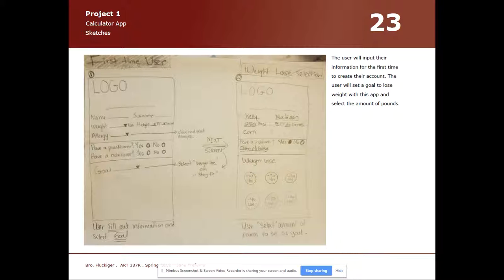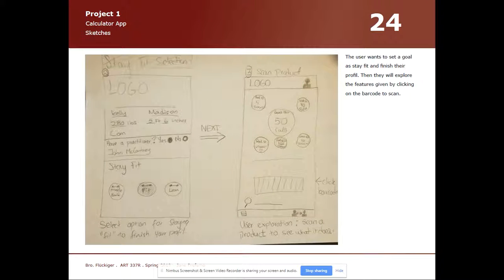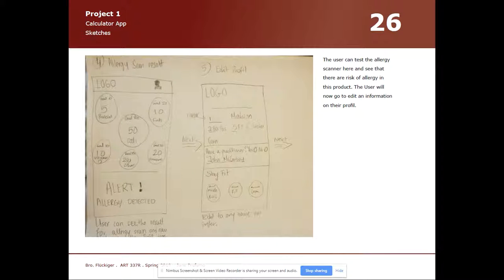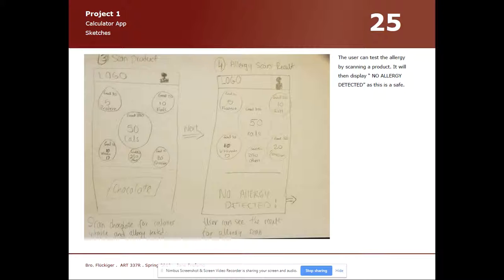So I'm going to walk you through this sketch right here. We have the profile, where the user will be able to fill out their information. They can select a weight loss selection, where they have to select the goal, and the same for the fit selection. Scanning a product, you have allergy detected and also no allergy detected.